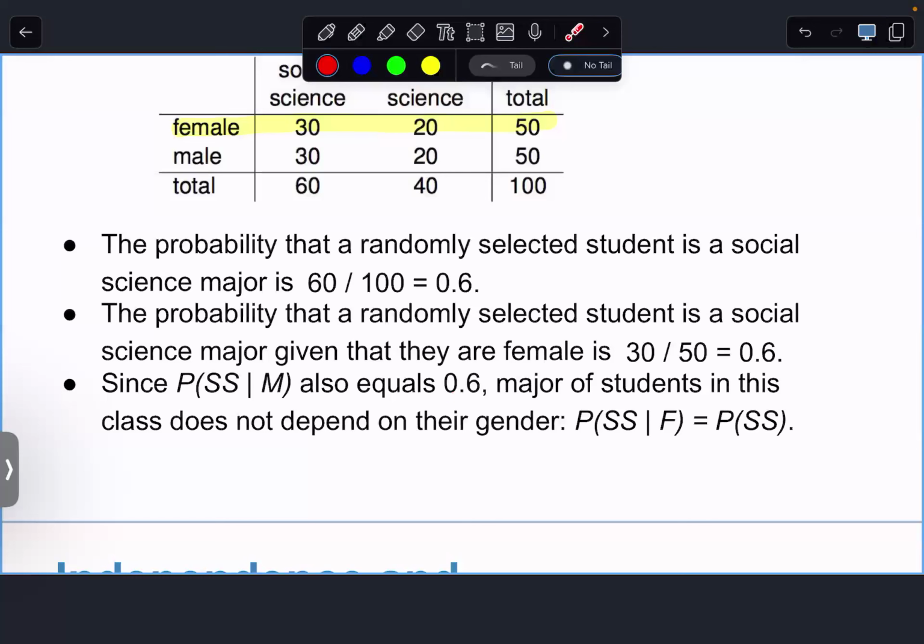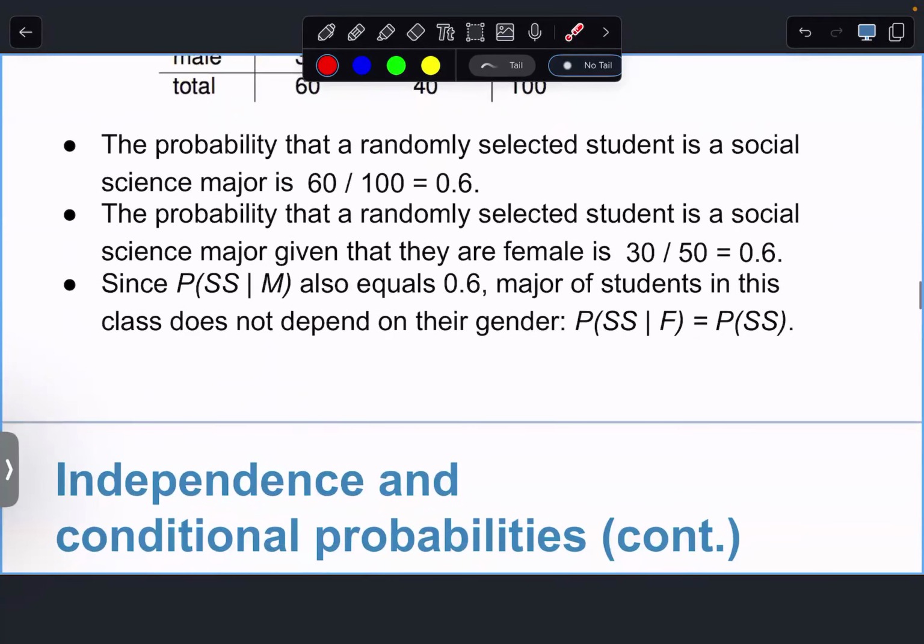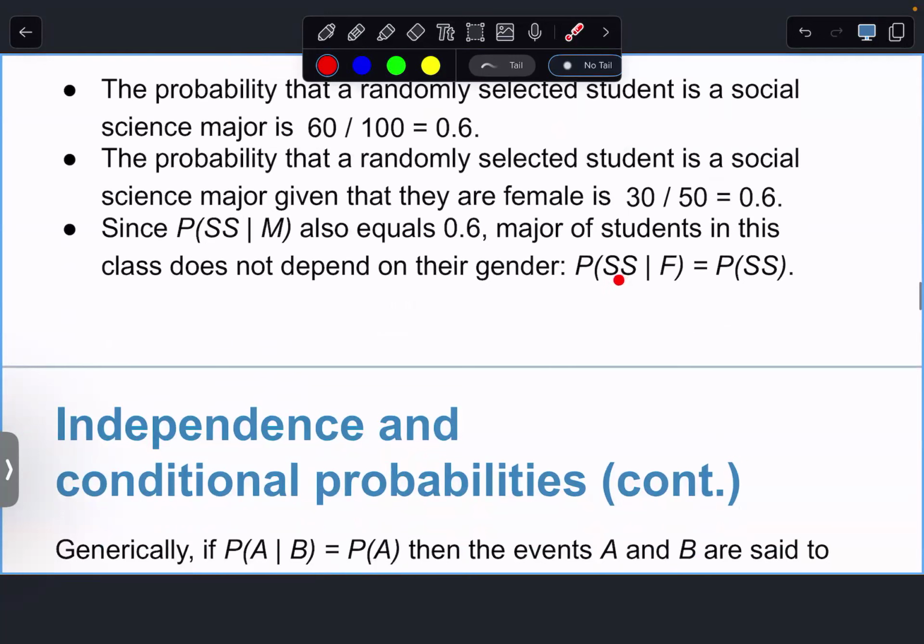Then the major doesn't depend on the gender, right? Knowing the gender doesn't change the probability of being a social science major. So then that looks like this, right? Probability of being a social science major, given that they're female, well, it doesn't matter.